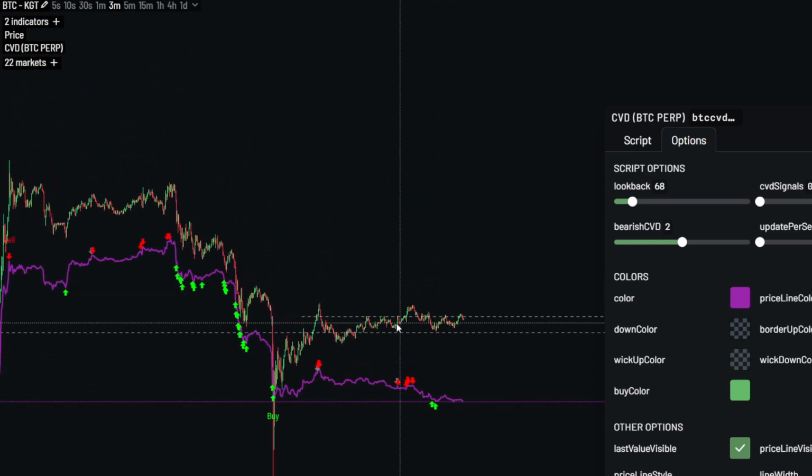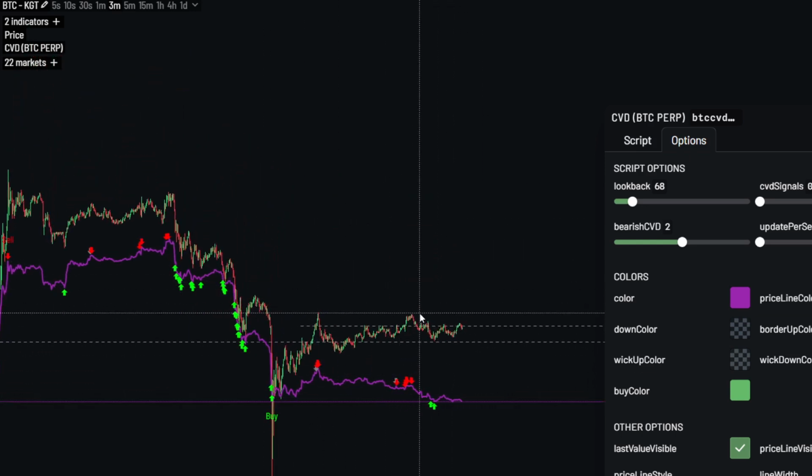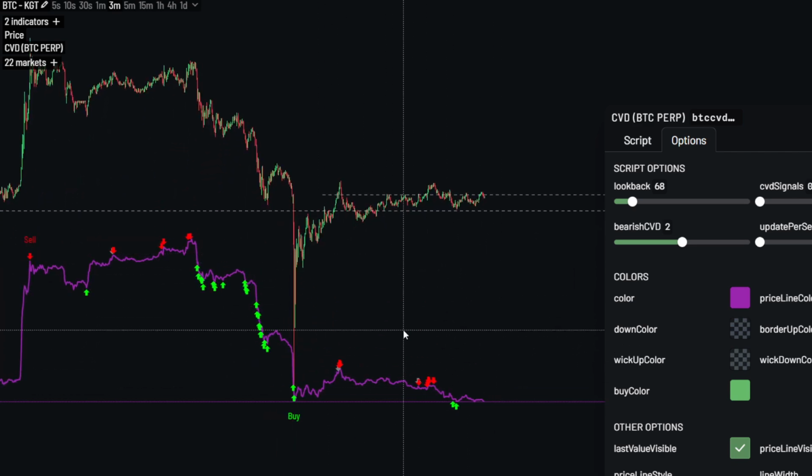But at the same time, we are looking at a convergence. This is lower prices with this signal bearish, right? It means lower prices on both lines, the price action and the CVD lines. And that, of course, gives us a balance between both scenarios.